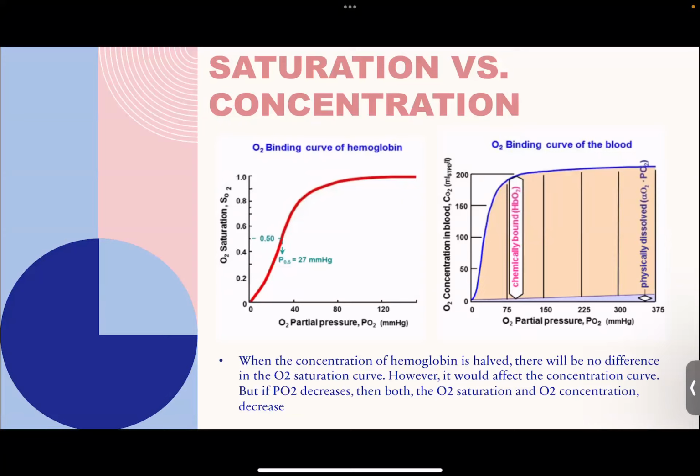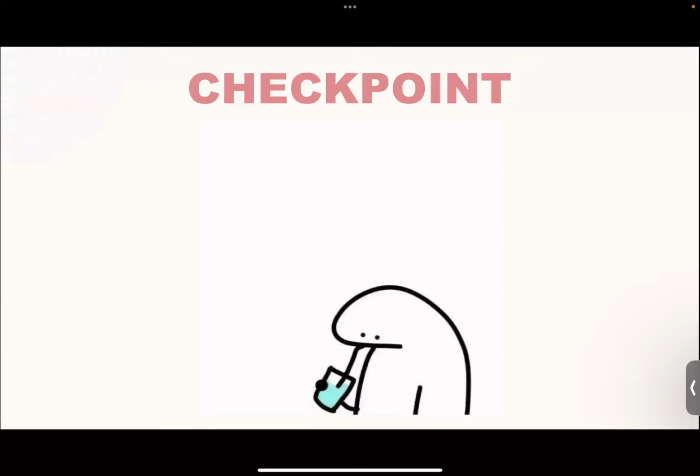However, when we look at the concentration curve, because we have half hemoglobin, obviously we're going to be lower, somewhere here. So the concentration curve is going to decrease. Okay. So if anyone has any questions, you can ask me now because we're going to move on to more details about the graph.